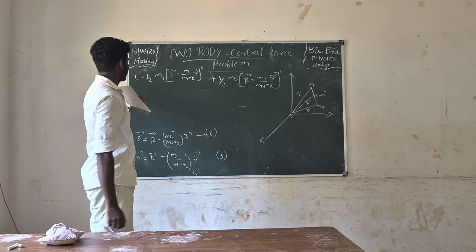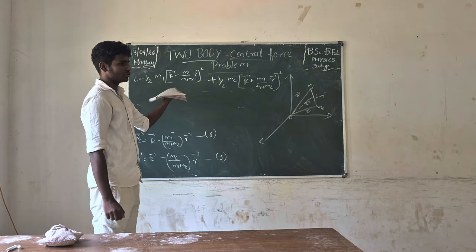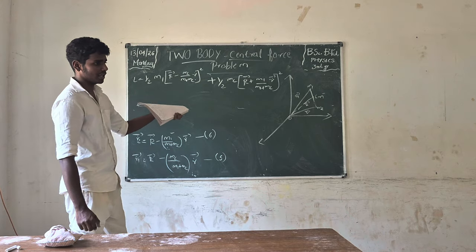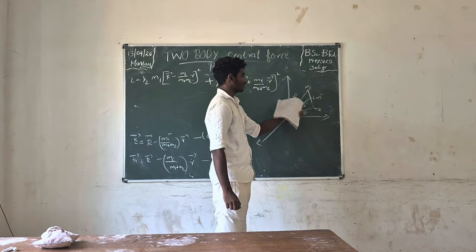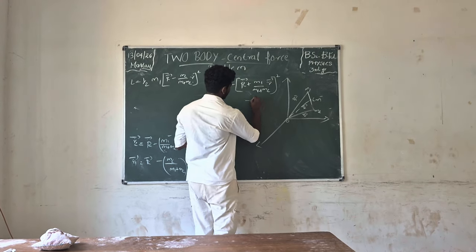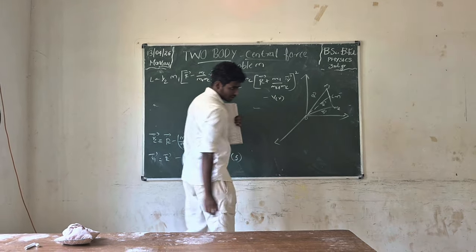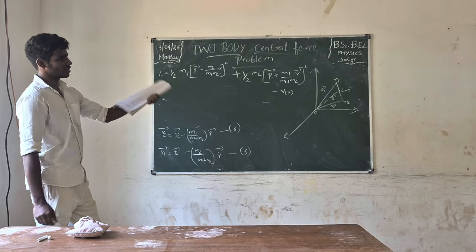And to find the Lagrangian, we not only need T, we also need the potential energy, right? With respect to the mass, all these are with respect to r. We can write it as V of r. So this will be our Lagrange equation.